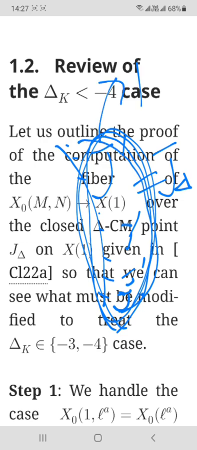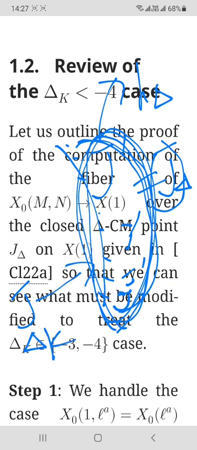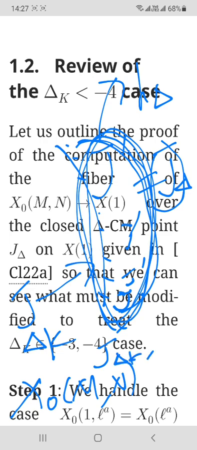The size is H(delta), and all of these points form j(delta). So we can see that this goes from j(delta K) to j(delta). So S0(m,n) can be viewed as a pair j(delta K), j(delta).